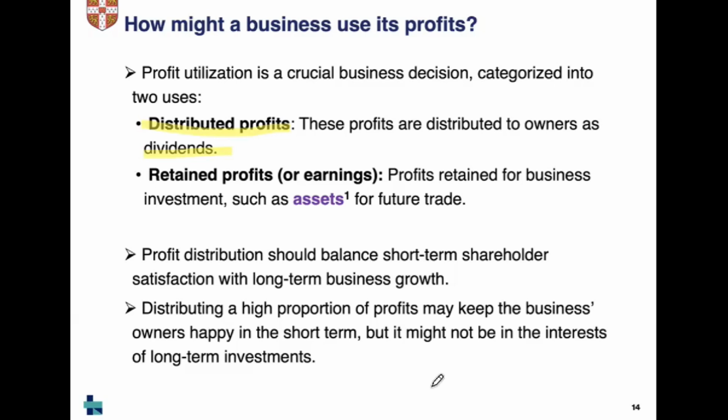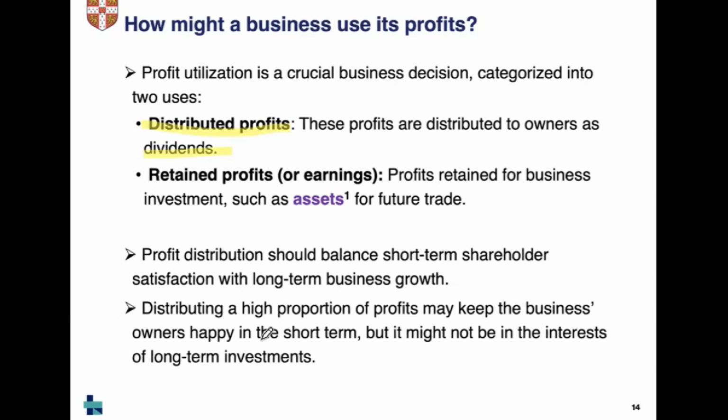So if you are a business that is seeking to grow, then you would want to balance distributing your profit to shareholders against your long-term ambition of growth, so that you don't distribute all your profits whilst you are expecting that you will grow. To grow, you need to invest into the business, and profit is what you use to invest to grow the business. So you don't distribute all your profits.